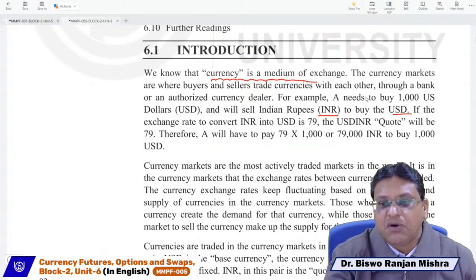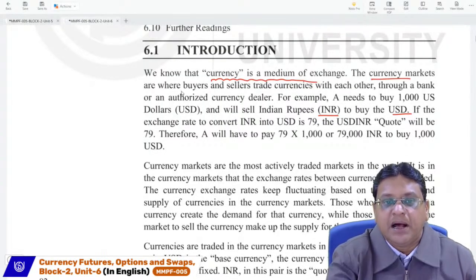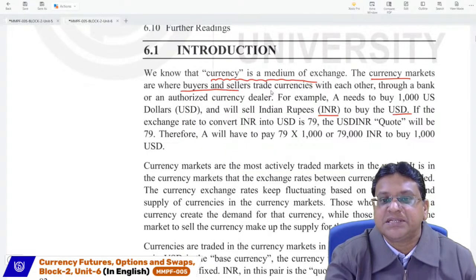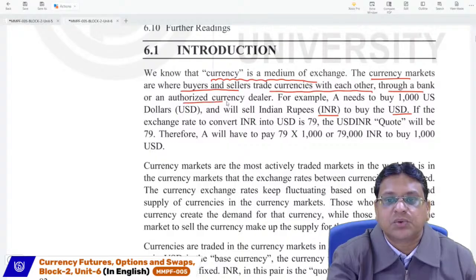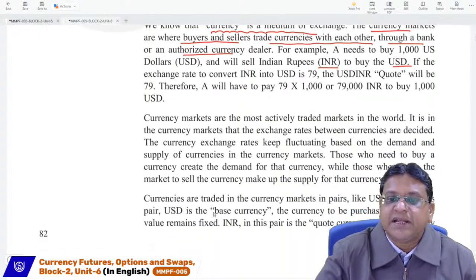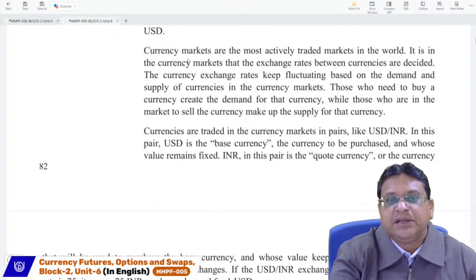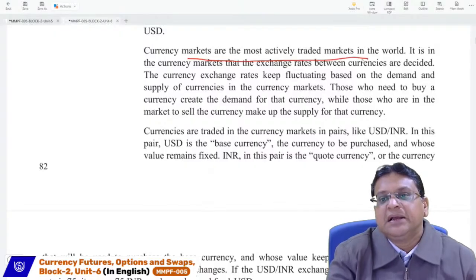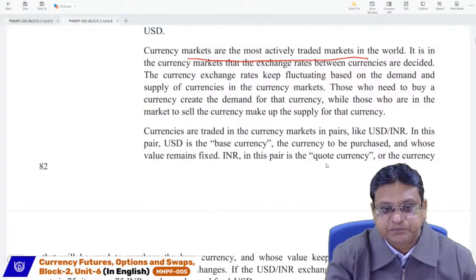And this trading is done with the help of banks and authorized dealers. So currency markets are those markets where buyers and sellers trade currency with each other through banks or authorized dealers. We know that currency market is the most actively traded market in the world. Daily trading occurs in trillions of dollars.